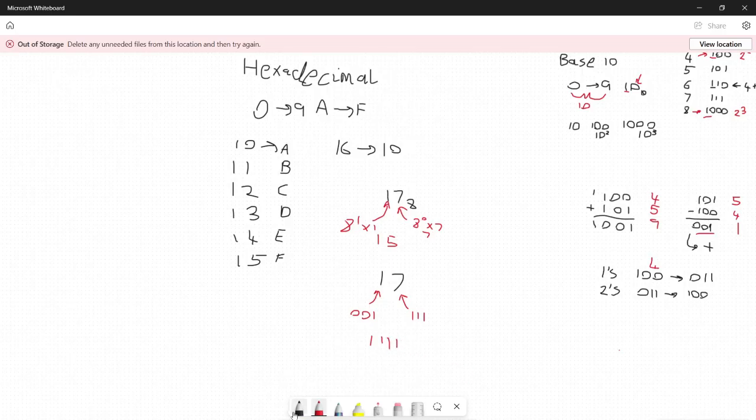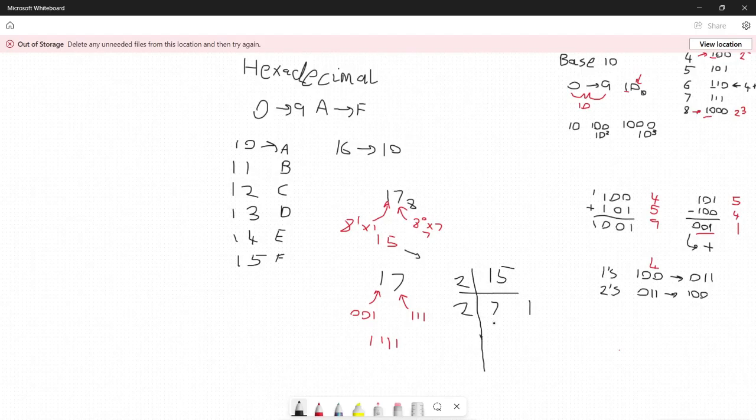Now we can check that number. Let's take this 15 and we're going to divide it by 2. So 15 divided by 2 gives us 7, with a remainder of 1.